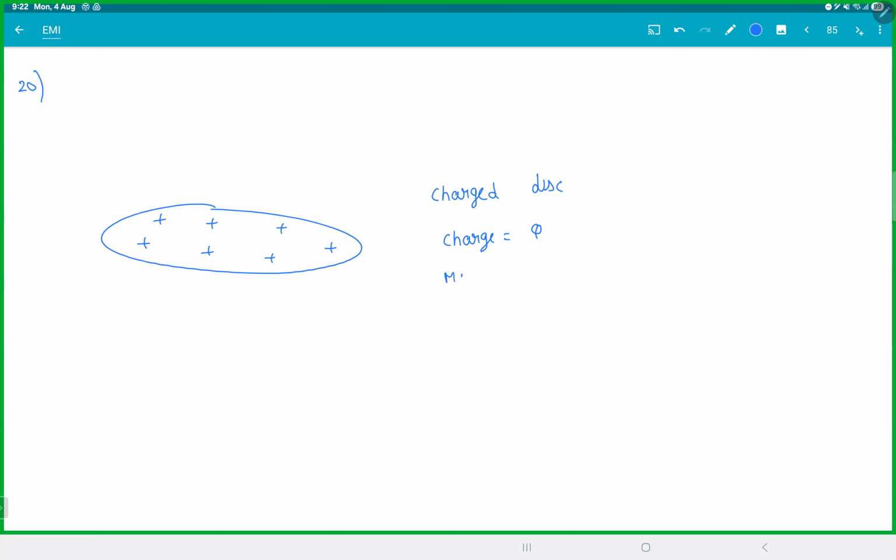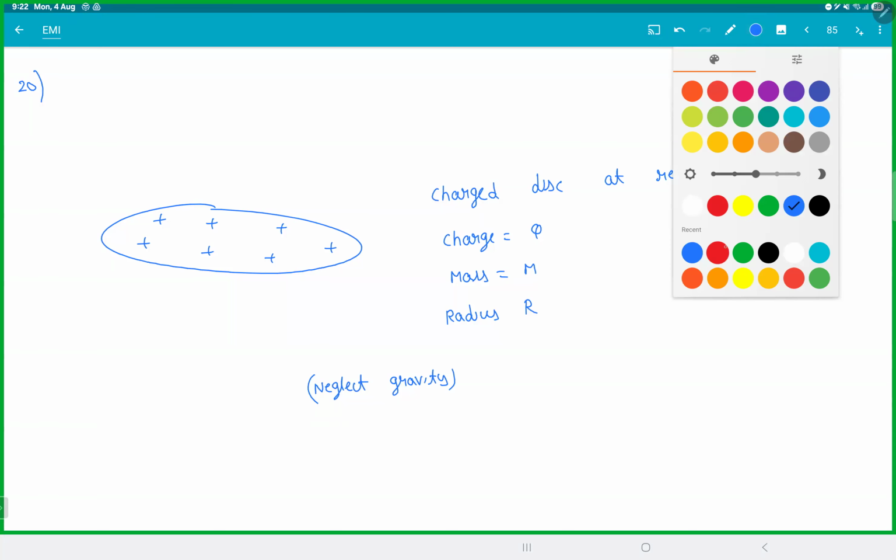Charge Q, mass M, radius R, neglect gravity. So this disk is literally floating. This is a charged disk at rest.